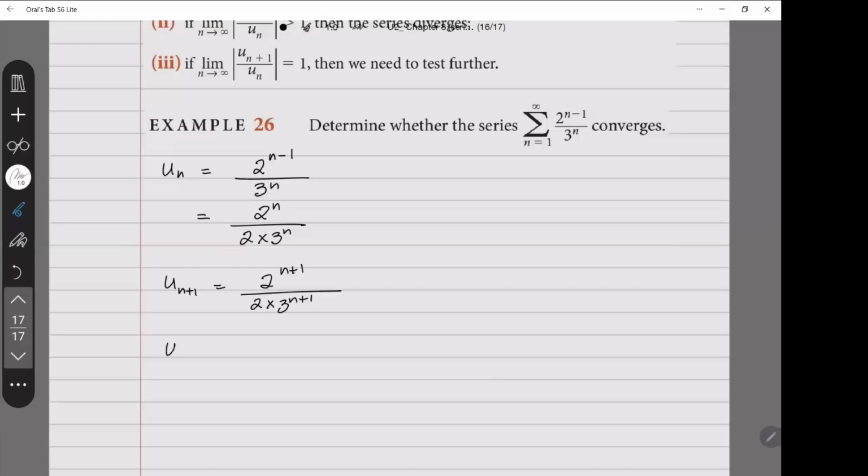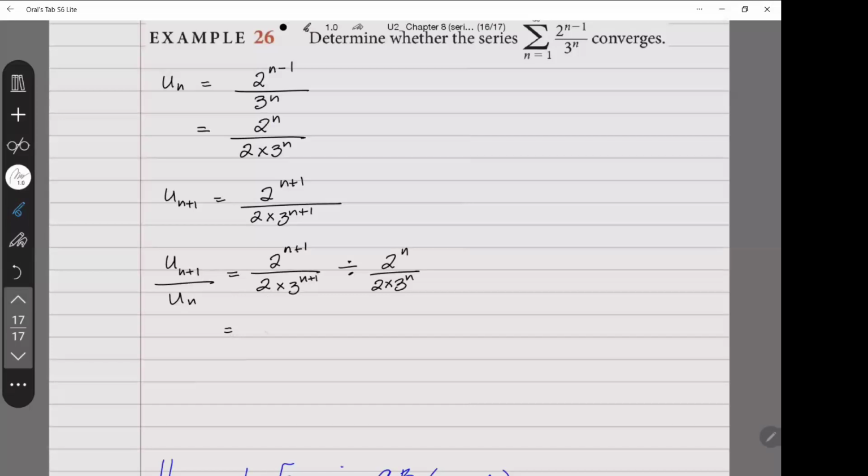So un plus 1 divided by un would be equal to 2 to the n plus 1 over 2 times 3 to the n plus 1 divided by 2 to the n over 2 times 3 to the n.